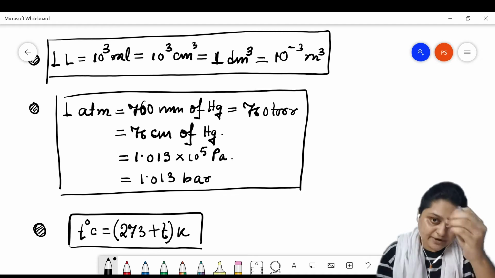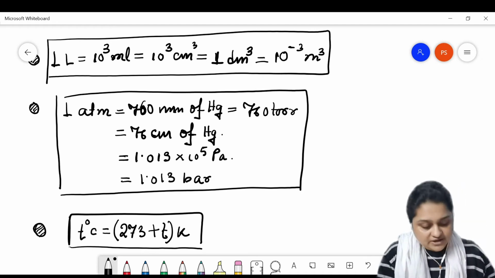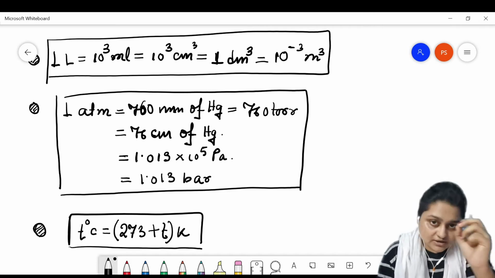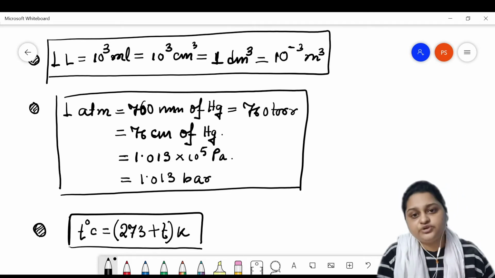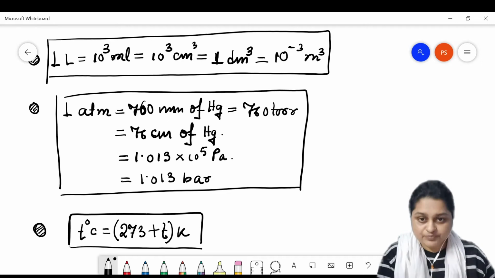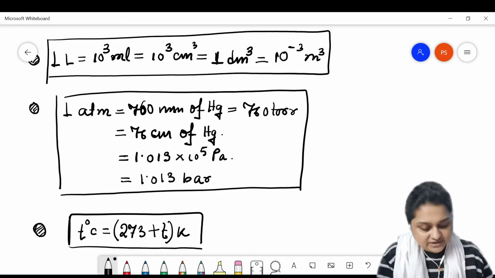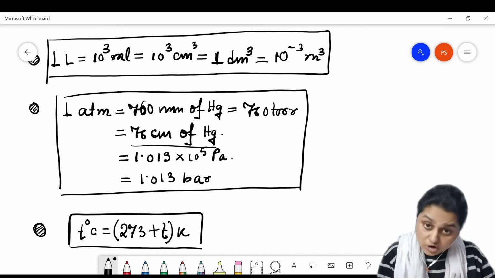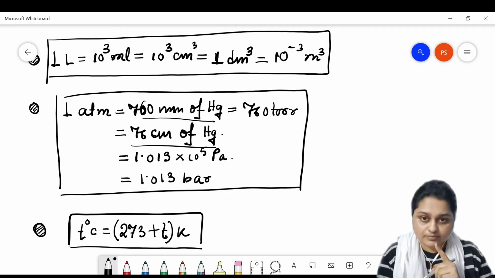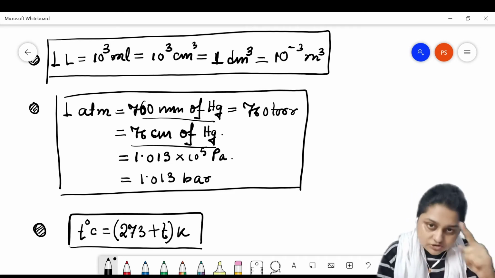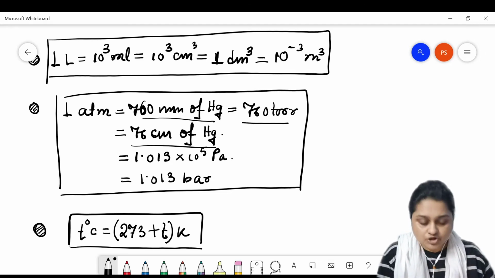So this pressure is given a specific name, atmospheric pressure, and this has become a unit of pressure, atm, atmosphere. So 1 atm represents 76 centimeter of mercury, or 760 millimeter of mercury, or in another unit 760 torr.